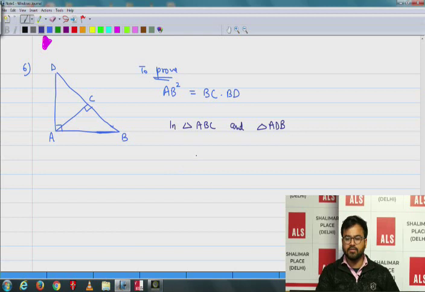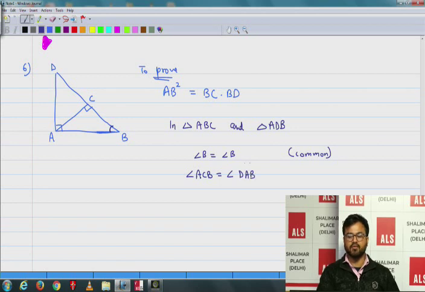So in both the triangles we can say angle B is equal to angle B, which is common to both of them, this angle. And in triangle ABC you can say angle ACB, which is 90 degrees, is equal to angle DAB, which is also equal to 90 degrees. So therefore by angle similarity, both the triangles are similar.